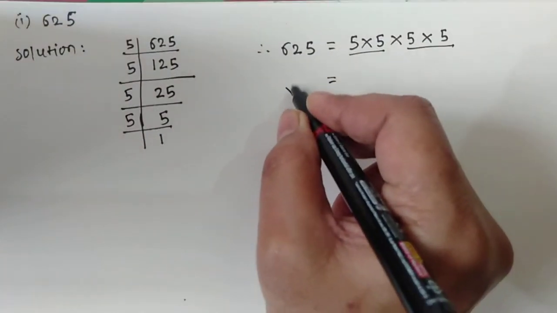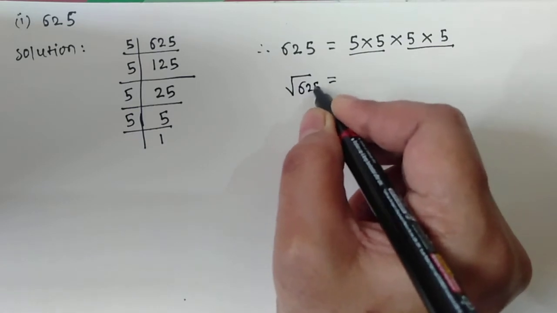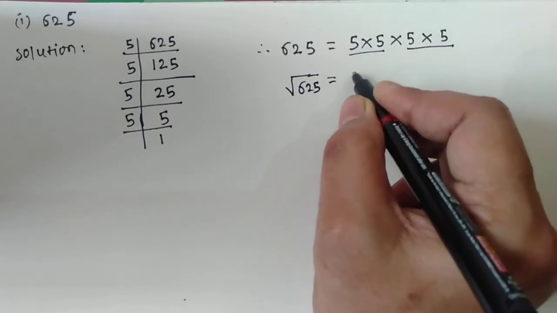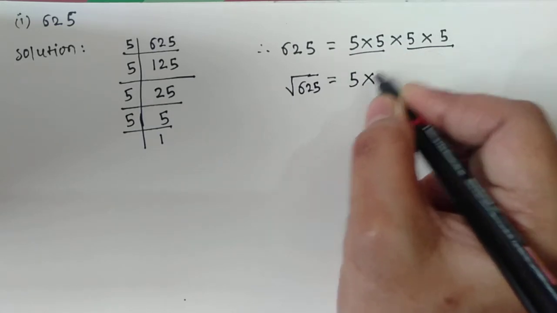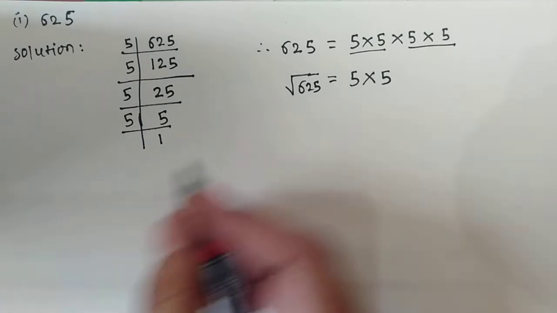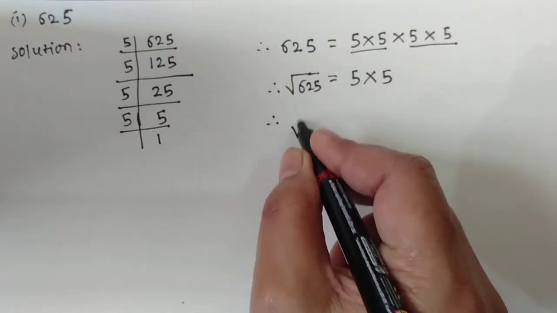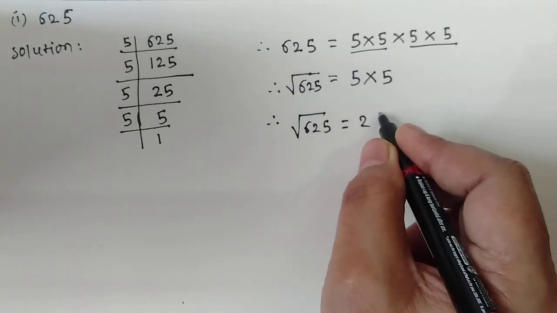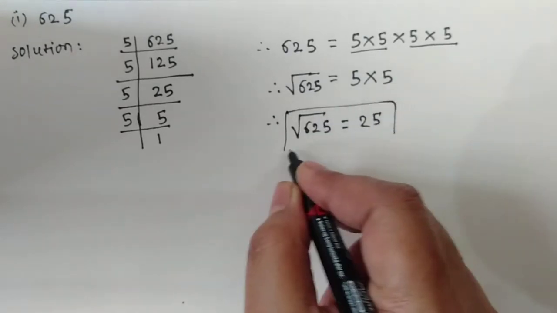Now, the square root of 625 is equal to one number from the first pair multiplied by one number from the second pair. So the square root of 625 is 5 fives are 25, and this is the final answer.